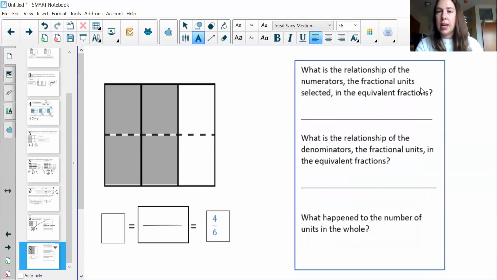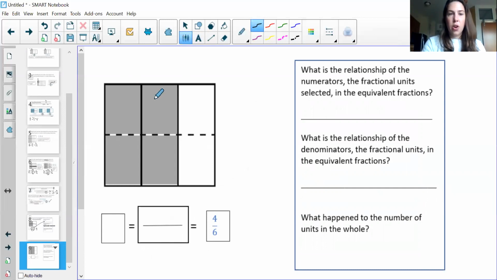Here, it says, what's the relationship? We're going to do the same thing. So let's first decide what fraction we started with. This time they're not giving us the fraction we started with, they're only giving us the fraction we're ending with. But we can look at it and imagine the dotted line isn't there and know that we had 2/3. So fill in 2/3.